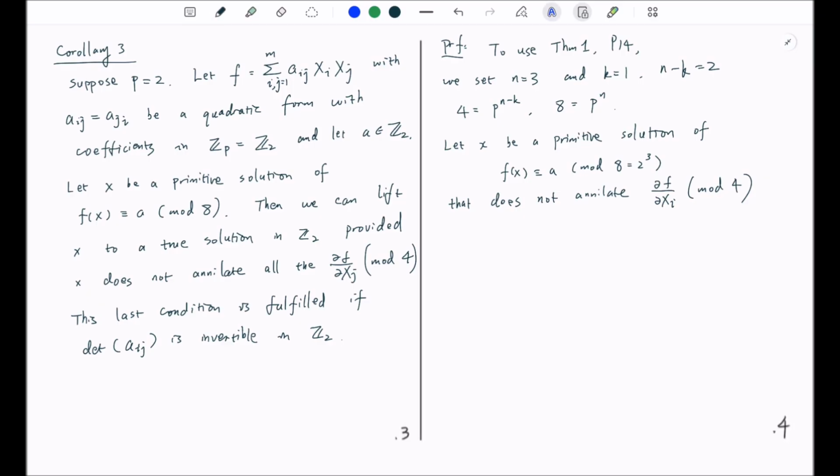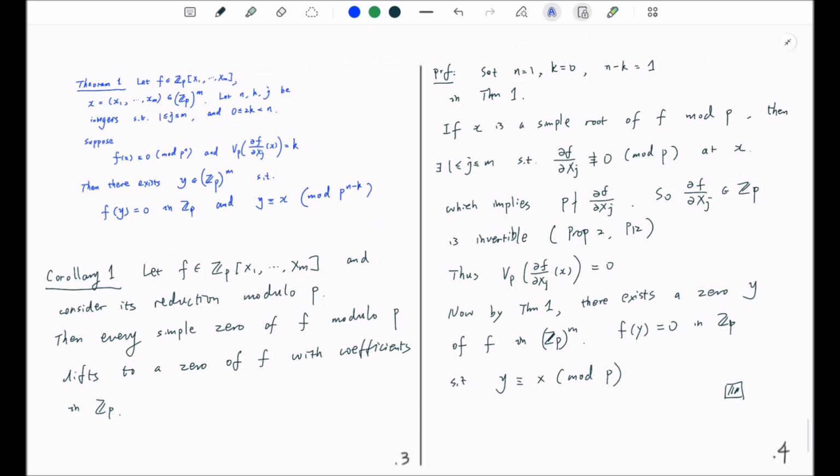Now it suffices to show that df by dxi evaluated at x has p-adic valuation equal to k, which is 1 in our case.